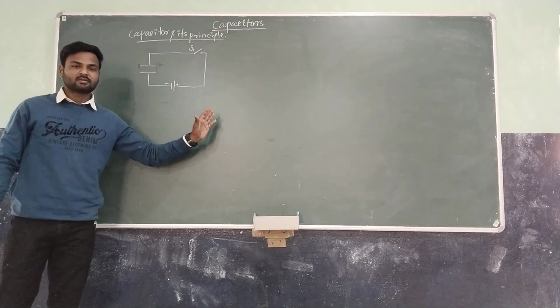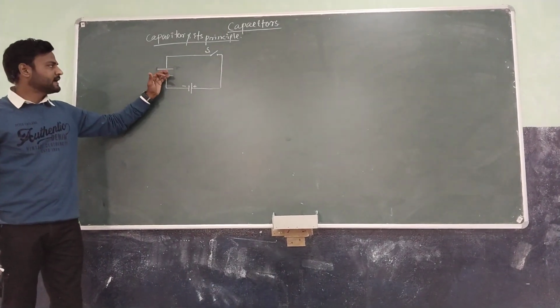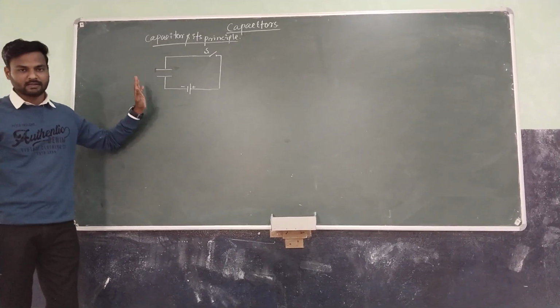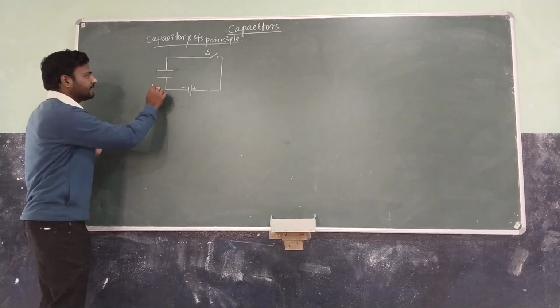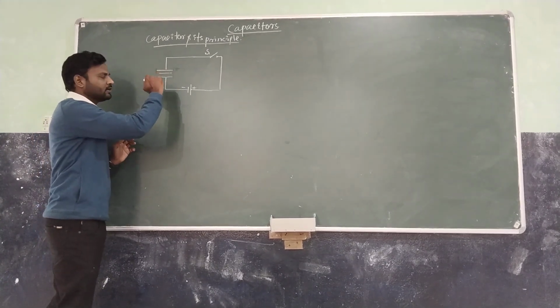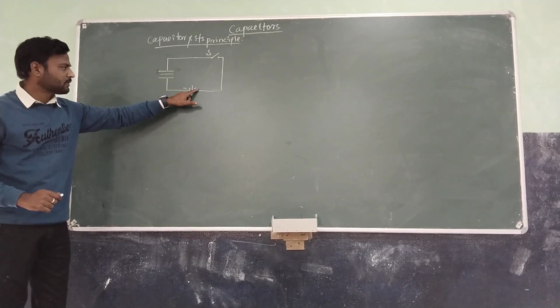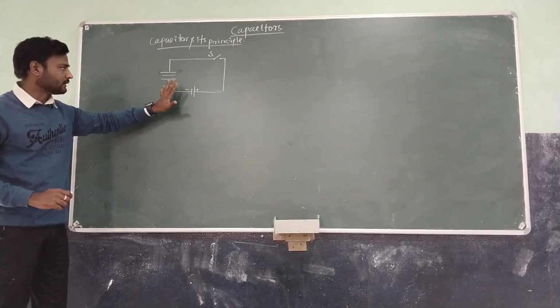Always in the capacitor, the conductor plates are kept in parallel, and a dielectric separates the conductor plates from each other. So here is the negative terminal and here is the positive terminal of the battery.